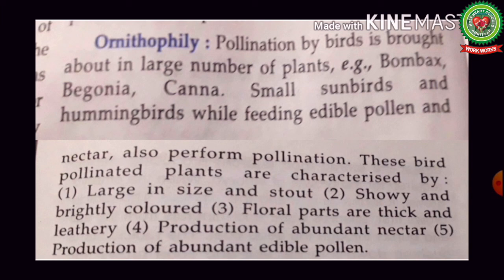Next is the pollen grains are produced in large quantities so as to ensure the process of pollination. Floral parts are thick and leathery and they have funnel shaped corolla.